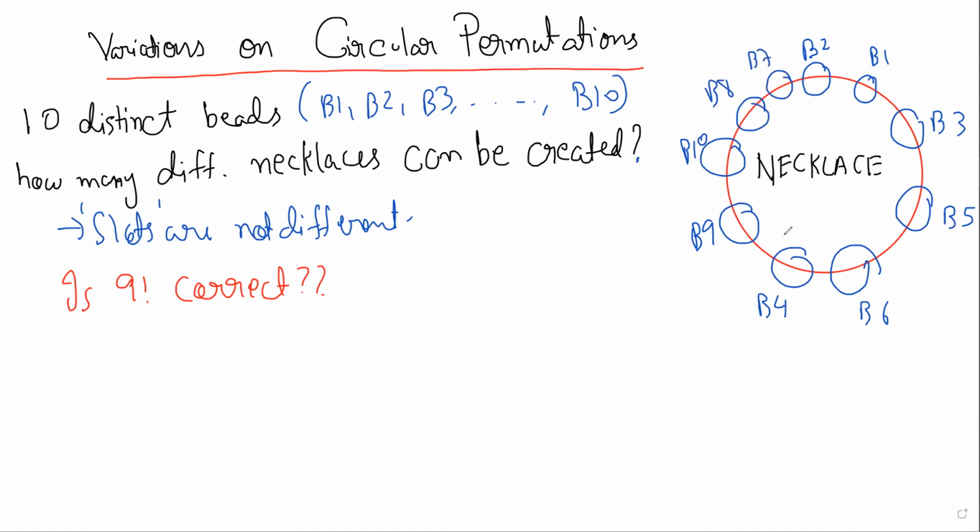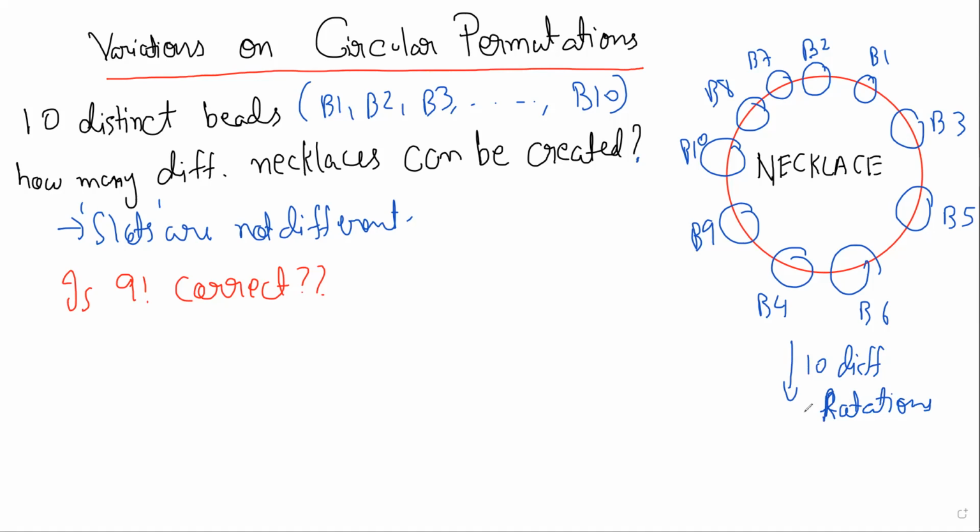You can take this particular necklace and say, okay, 10 different rotations. All these 10 different rotations will obviously give me the same necklace. The necklace does not change.